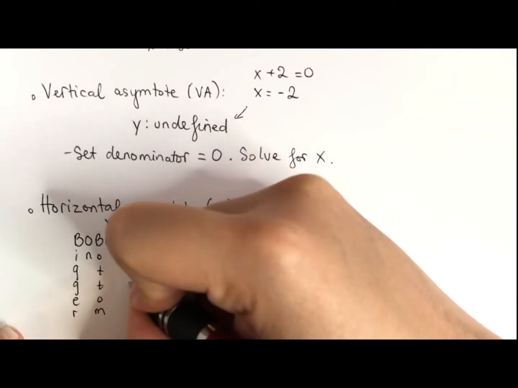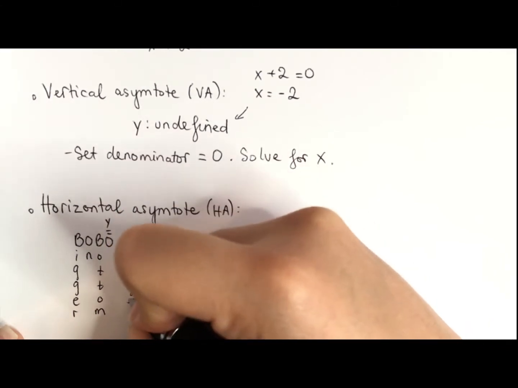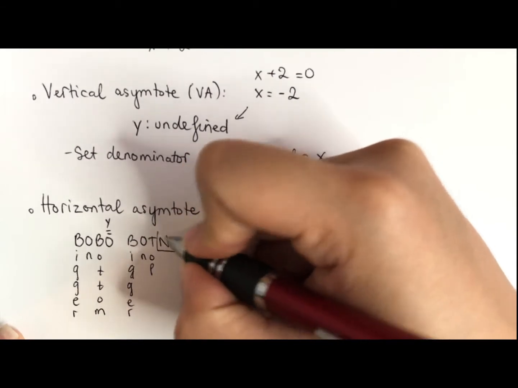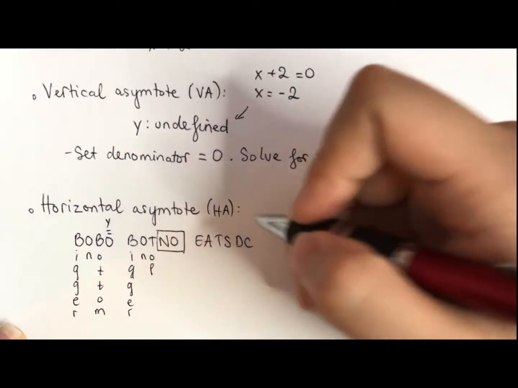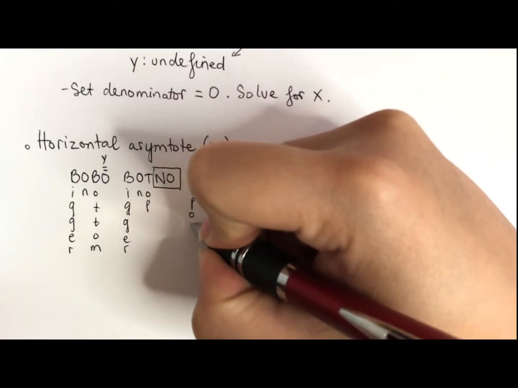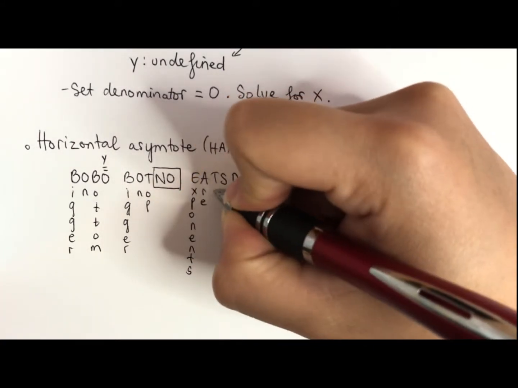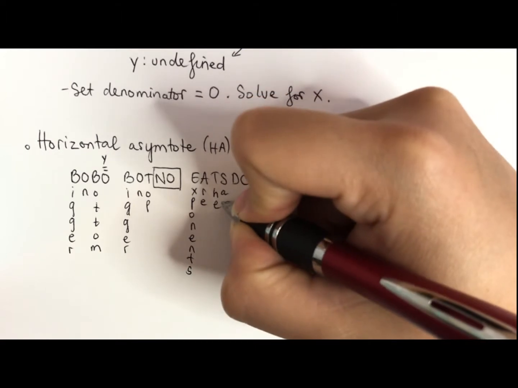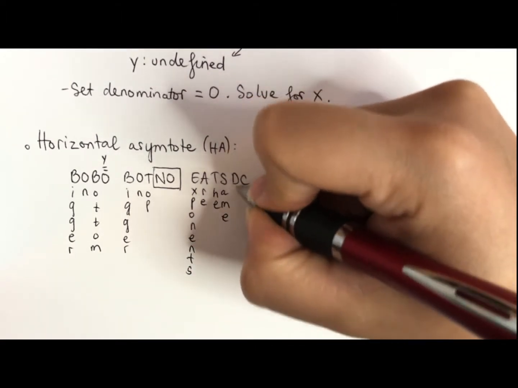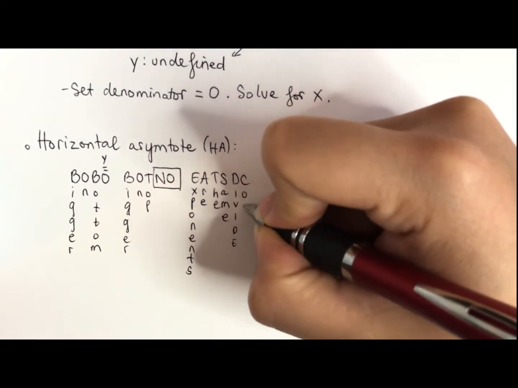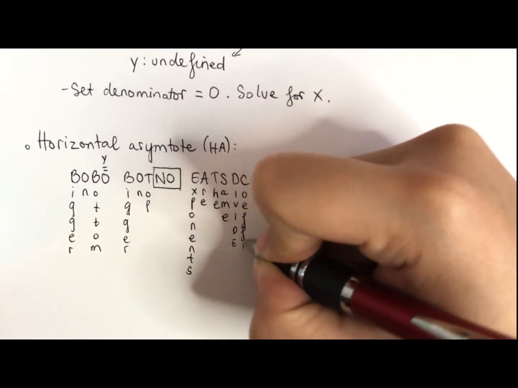If you have bigger on top, you have no asymptote. And then if the exponents are the same, you divide the coefficient.